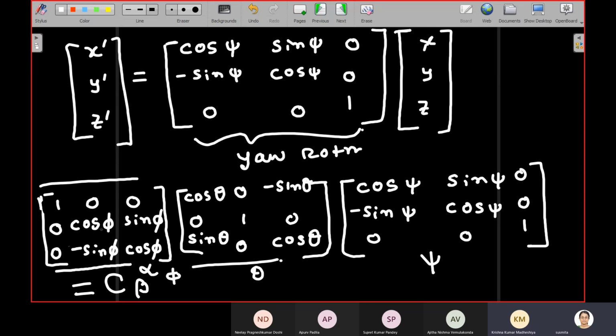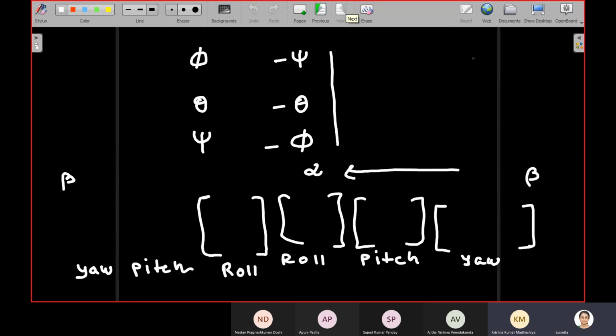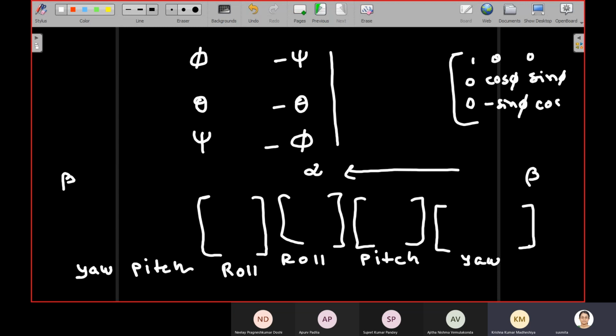The second roll will have phi negative, correct? So if you multiply the two corresponding matrices, you have 1 0 0, 0 cos phi sin phi, then minus sin phi cos phi, right? And then the second roll matrix is what? Again 1 0 0, but phi is negative. So I'm just writing C phi, phi negative.